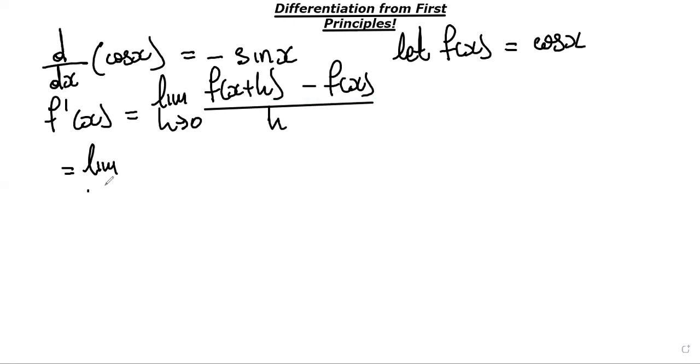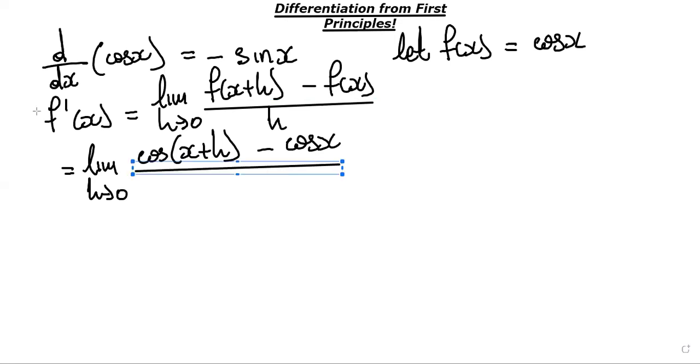So in order for us to get f of x plus h, we just replace x with x plus h. So in other words, it's now the cosine of x plus h, and then we say minus cosine x, and the whole thing is divided by h.